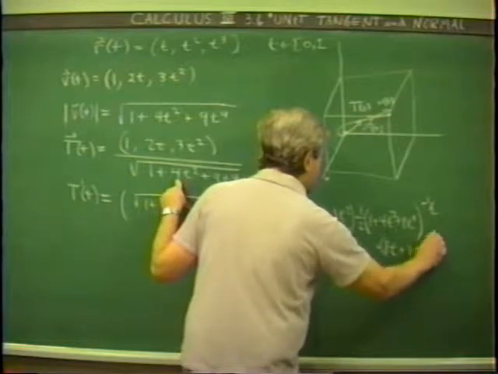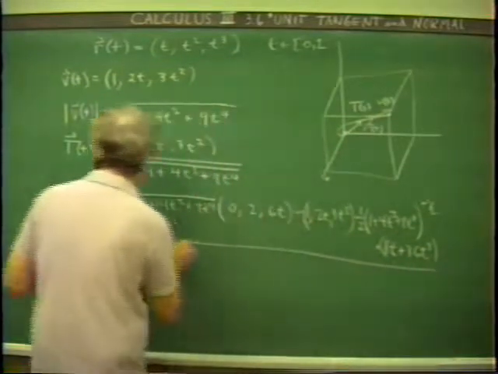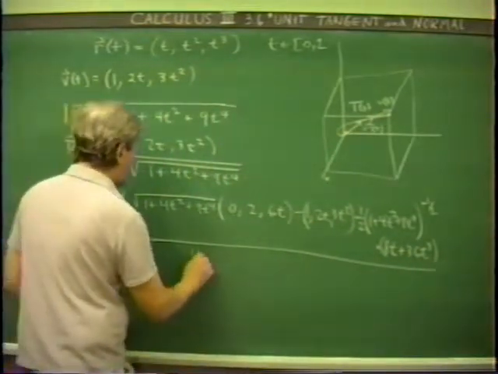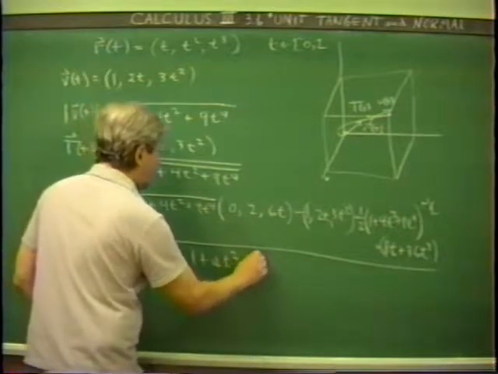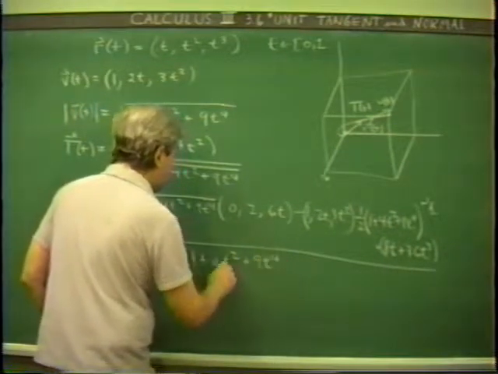So this is times 8t plus 36t cubed, all divided by the denominator squared.